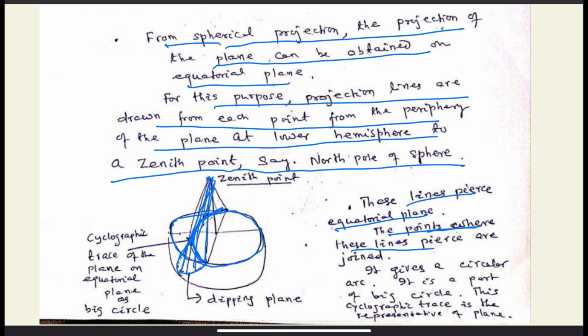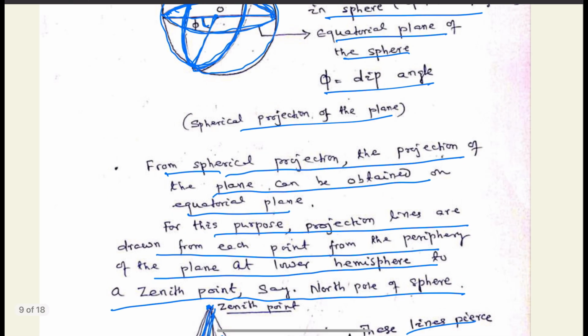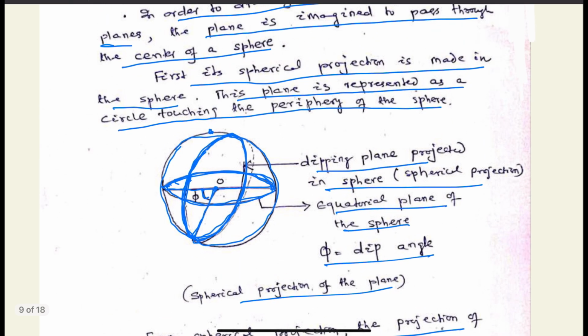The points where these lines pierce are joined, giving a circular arc. It is part of a big circle. This cyclographic trace is the representative of the plane. So this plane is represented as an arc like this in the equatorial plane.